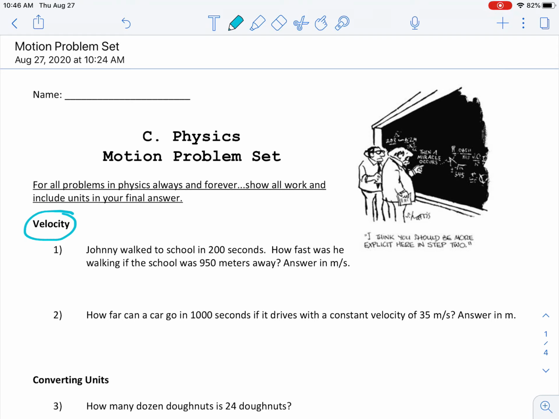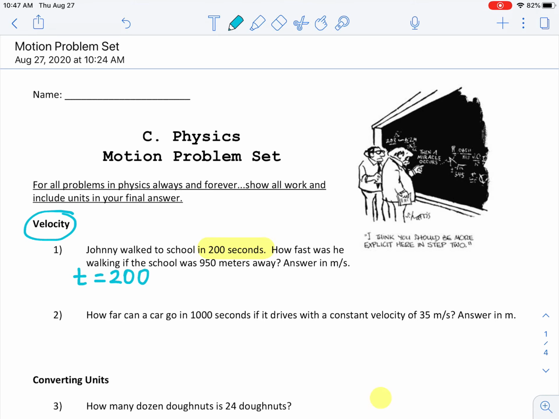Johnny walked to school in 200 seconds. 200 seconds is a time, so I'm going to write T for time equals 200.